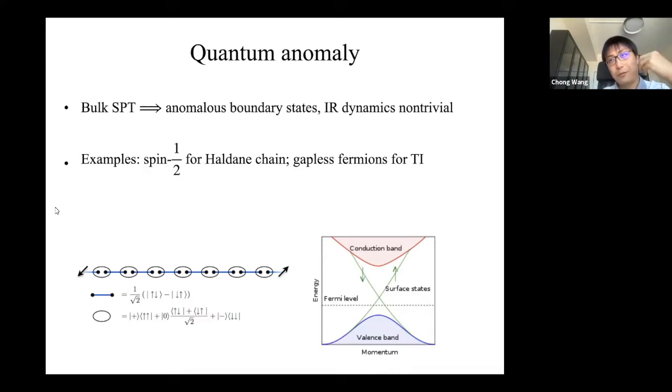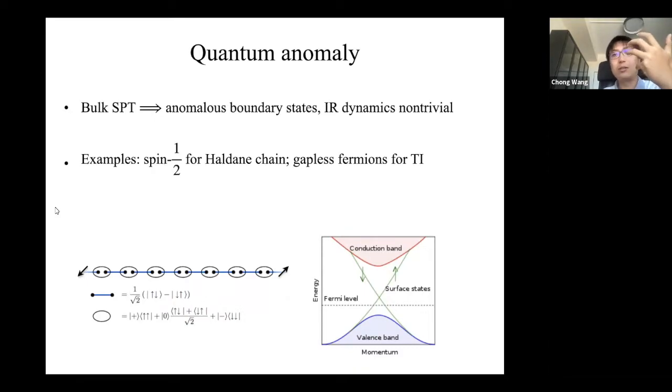Of course, for a given bulk, you can always have multiple types of boundaries, depending on the boundary condition, on what Hamiltonian you put on the boundary. But there is something universal and robust: the quantum anomaly. The anomaly, which is provided by the bulk, tells you that your boundary state cannot be trivial in the IR.